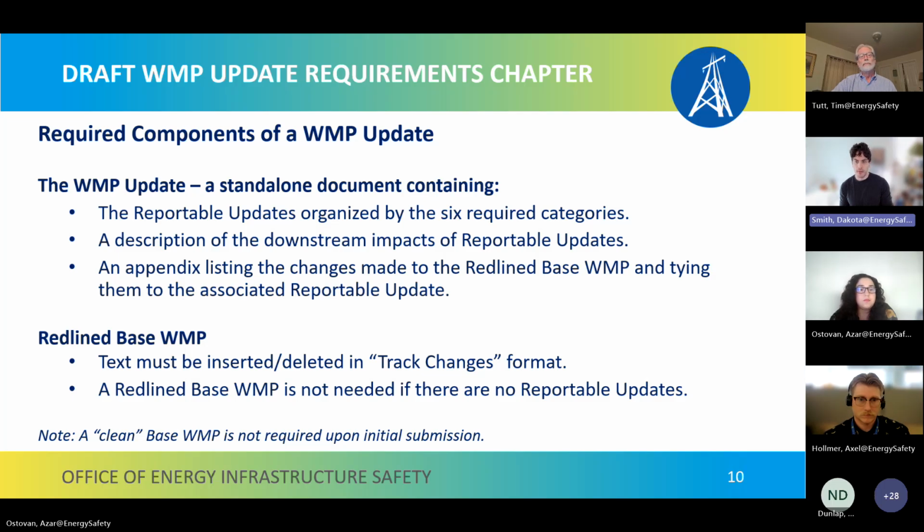A description of the downstream impacts of these reportable updates, and then new is an appendix which lists all the changes made to the redline base WMP that ties them to the associated reportable update that is mentioned in the WMP update.